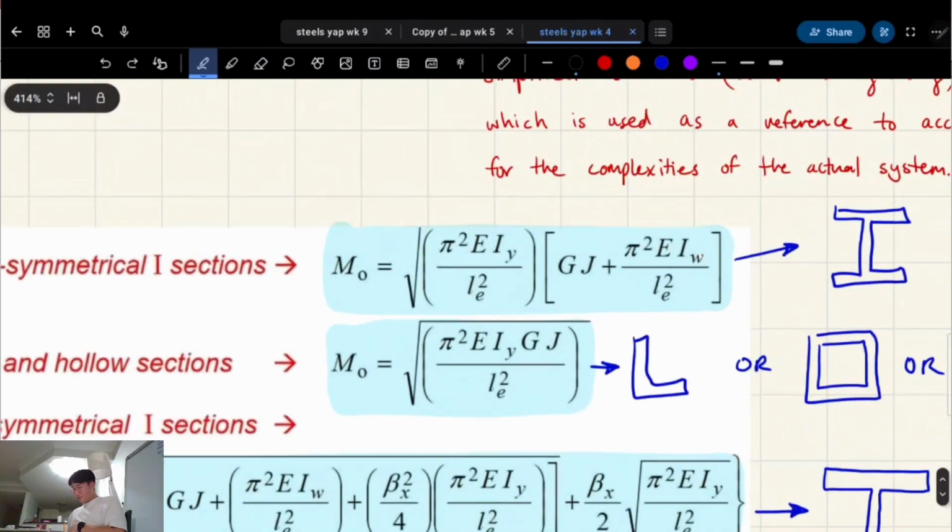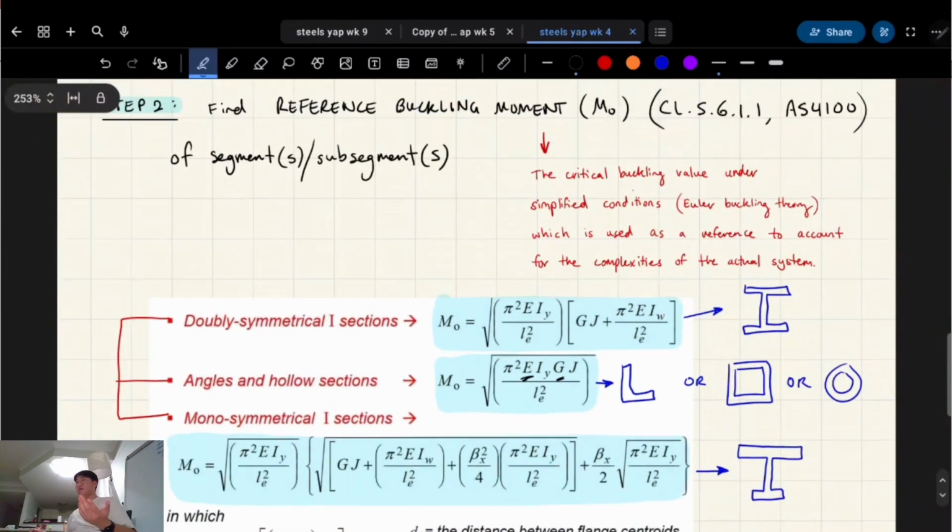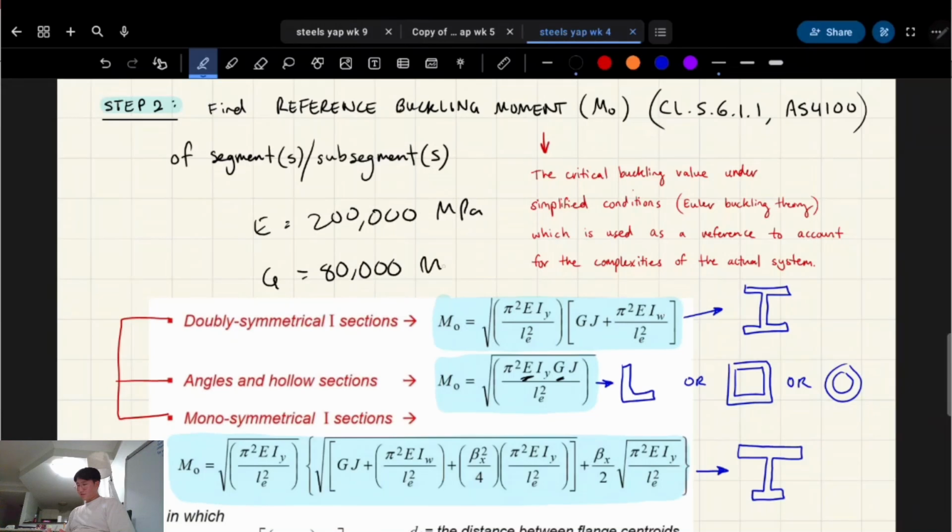G and E are always the same for steel. So E is like 200,000 MPa, and G is 80,000. First one's your elastic, or Young's modulus, and G is your shear modulus, I think it's called.